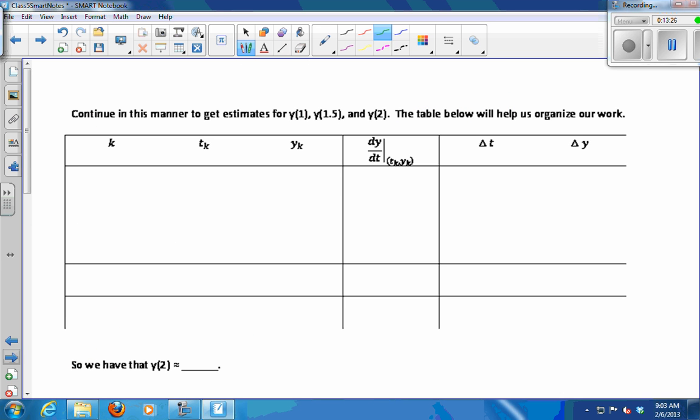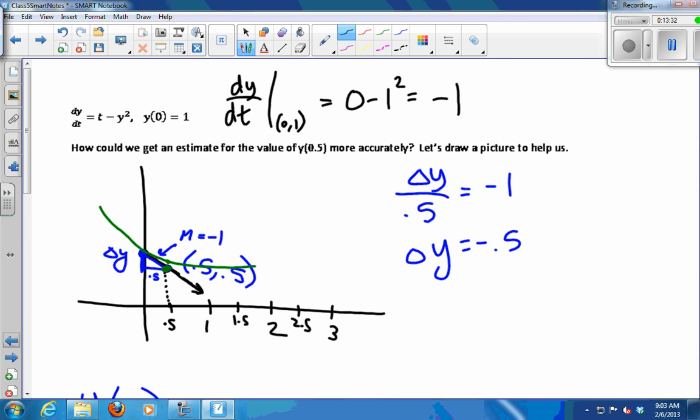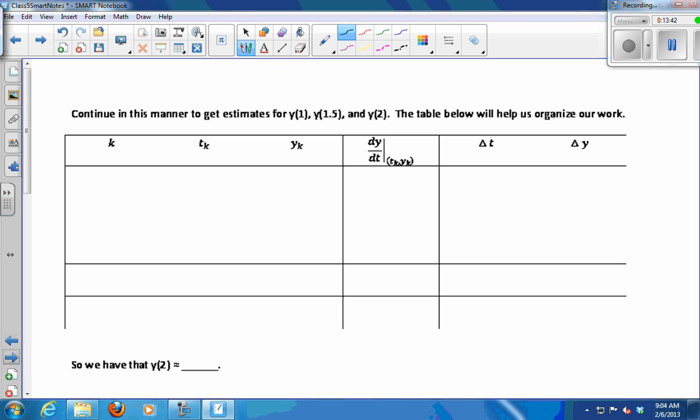So we're going to continue doing this. Now I'm going to use 0.5, 0.5. I'm going to take that to be a point on my solution and do the exact same thing again. Instead of using 0, 1 as my initial condition, use 0.5, 0.5. And you do it again. So let's see. k is going to represent our step. So let's say step 0. t sub k, y sub k, that's the point on the curve that we're working with, or the approximate point on the curve. So our first one was 0, 1.